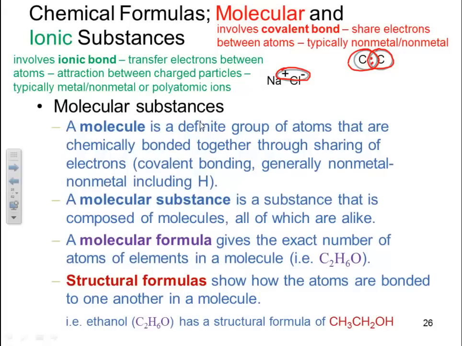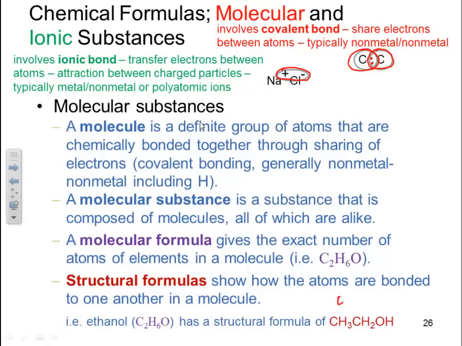Take the ethanol, the C2H6O. We could write a structural formula in the sense that we have CH3CH2OH. This tells me I have 3 hydrogens attached to carbon. That carbon is attached to another carbon which has 2 hydrogens attached. And we have an oxygen attached to that carbon, and then a hydrogen attached to that oxygen.